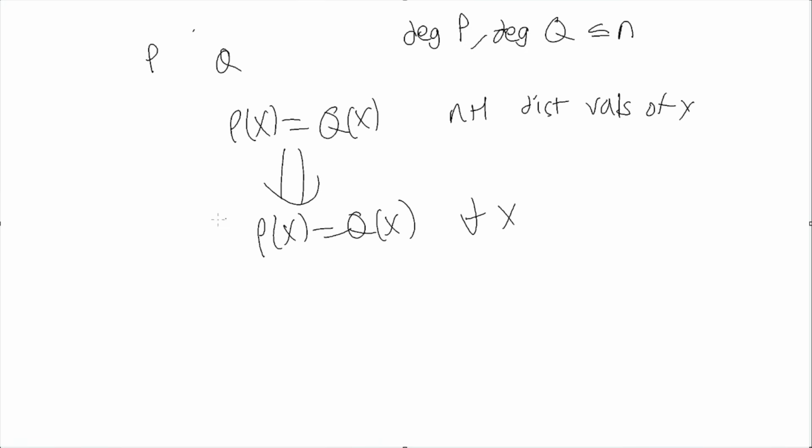And this is the case because, for example, the polynomial p of x minus q of x has n plus 1 roots. And so by the factor theorem, it must be divisible by the product of x minus each of those n plus 1 roots. That will make the degree greater than n unless it's 0. So this is basically the fact called interpolation.